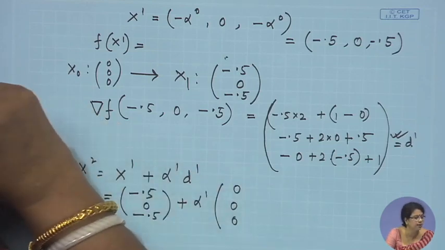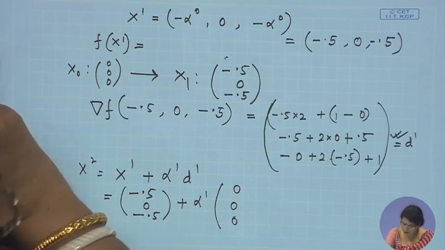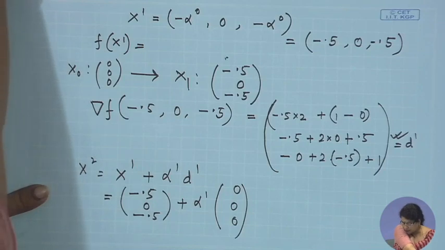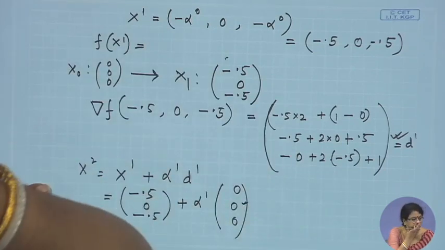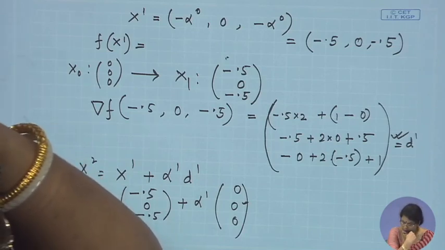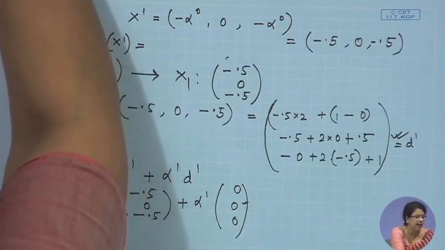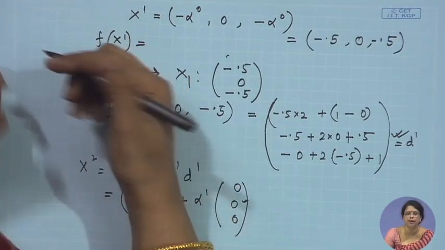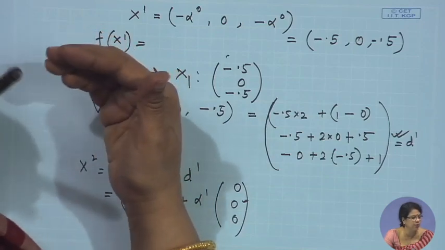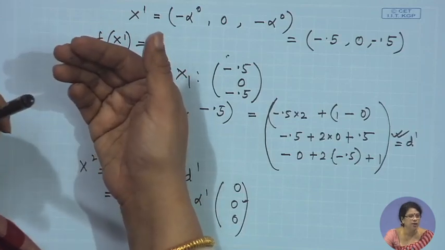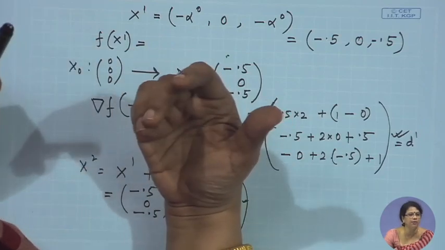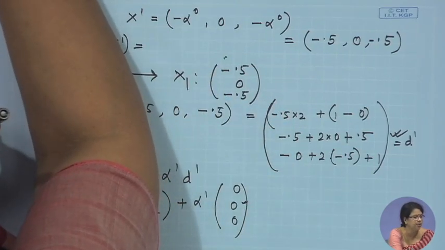No, I made some mistake then. It can't be 0. You find out the value, and something else will come, and if we do 2 into 0 minus 0.5, we will get the value for x 2 as this one. Once x 2 comes, we will move this way, we will go to x 3, we will go to x 4, and in a similar manner we will proceed, and finally we will get the minimum value at this point.